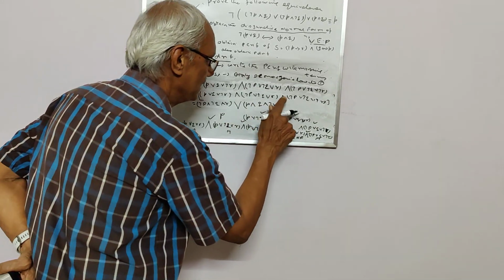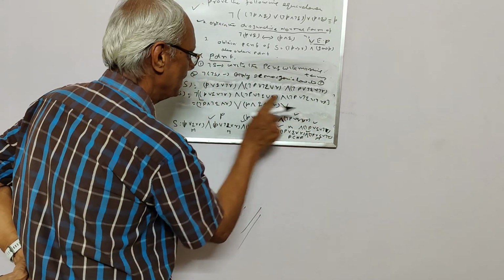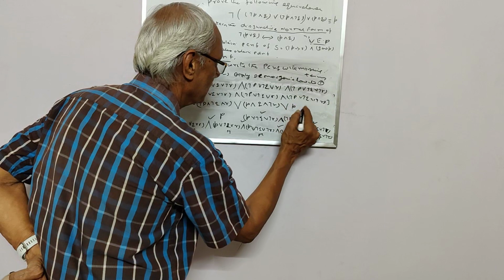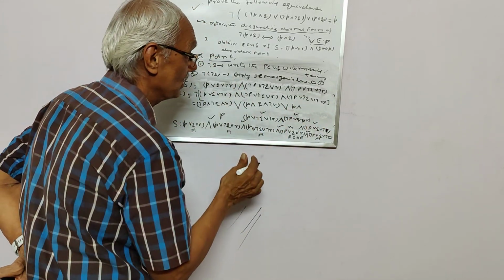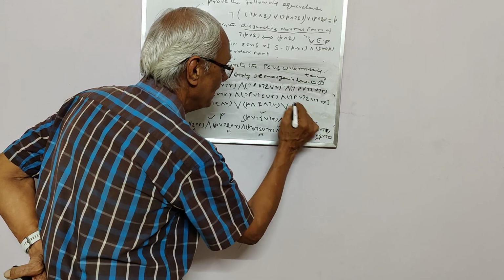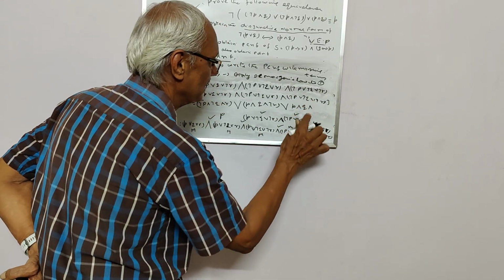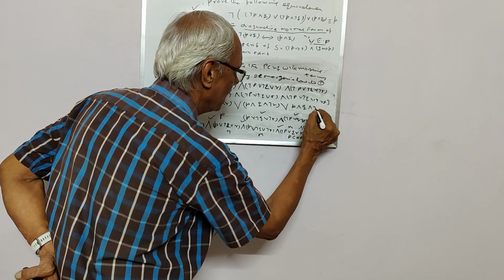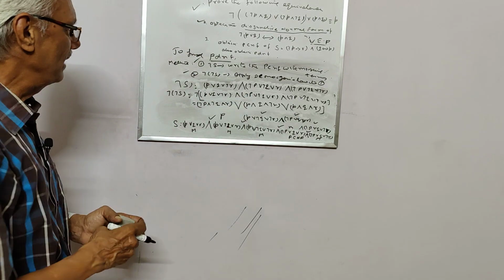Then this is disjunction, the conjunction, so it is disjunction. Then negation of P is P. Then it is conjunction. Negation of Q is Q. Then again it is conjunction. Then negation of R is R. So this is okay. So what have I written here?